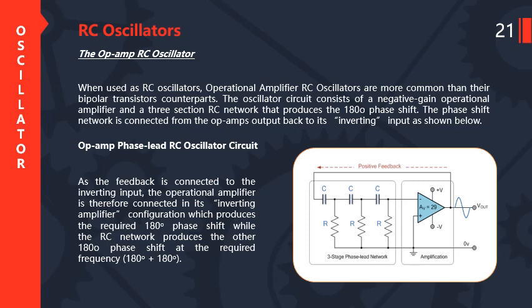As the feedback is connected to the inverting input, the operational amplifier is connected in its inverting amplifier configuration, which produces the required 180-degree phase shift, while the RC network produces the other 180-degree phase shift at the required frequency. So 180 plus 180 equals 360 degrees.